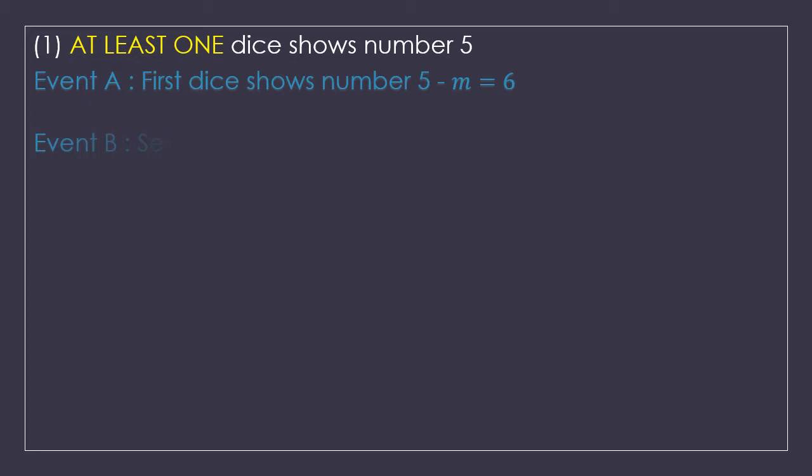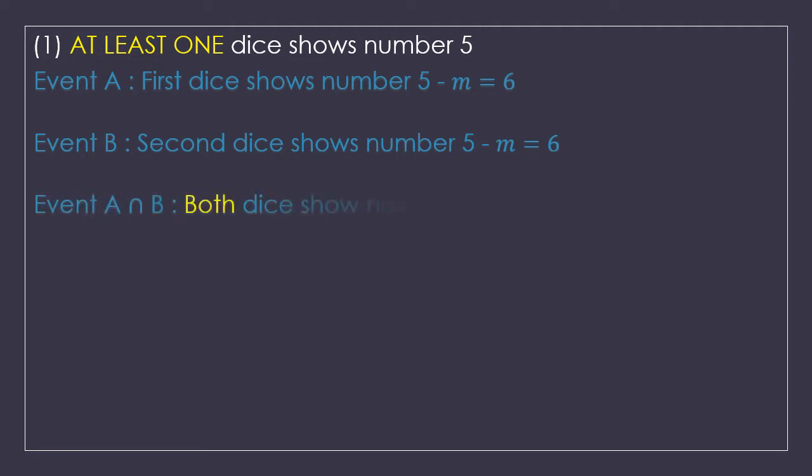Event B: the second die shows number 5, that will be 1 5, 2 5, 3 5, 4 5, 5 5, 6 5, 6 events. To find the union of the two events, I need the intersection, that both dice show number 5. That's just 1, because 5 5 is the only outcome.